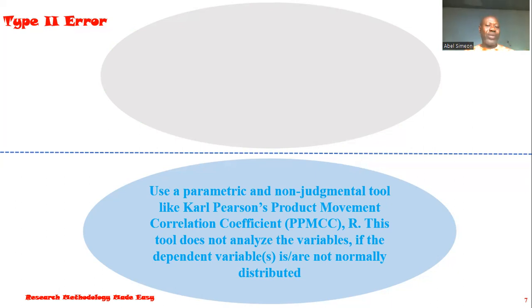This is telling you the reason why you should use a parametric tool, because if you carry out a correlation or a regression, it will not regress if the dependent variable is not normally distributed.